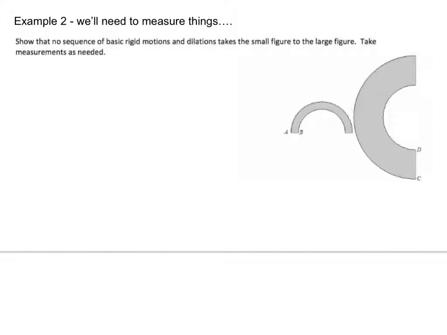Example 2. Just 2 things I want to point out. We need to measure some things when looking at example 2. To show that no sequence of basic rigid motions and dilations takes a small figure to a large figure, we need to take measurements. If you look at this one, I measured here and compared it to there and said, okay, that would be about a scale factor of 2.